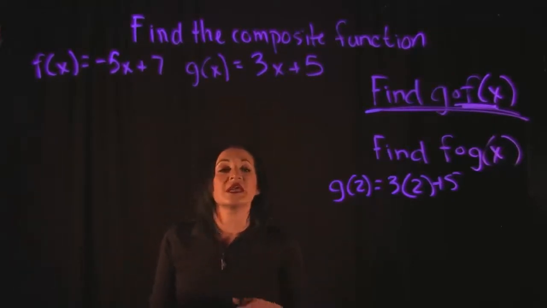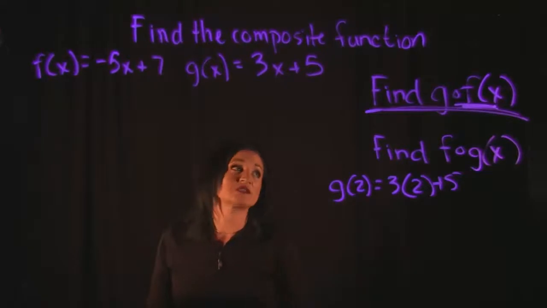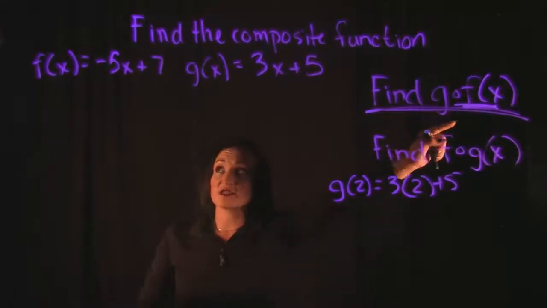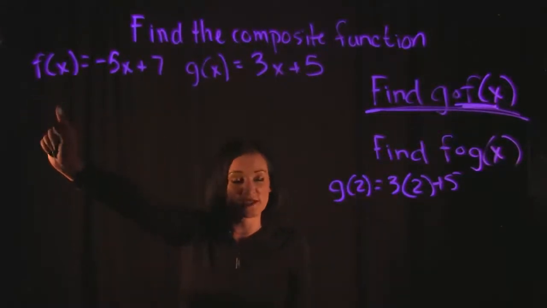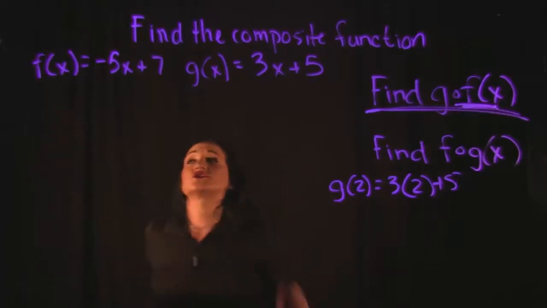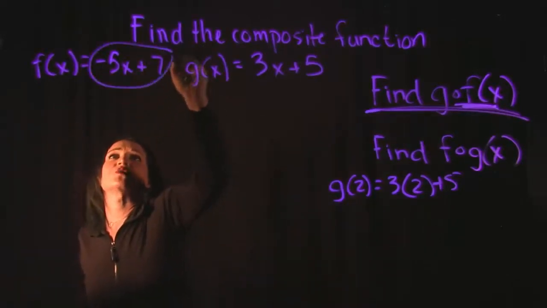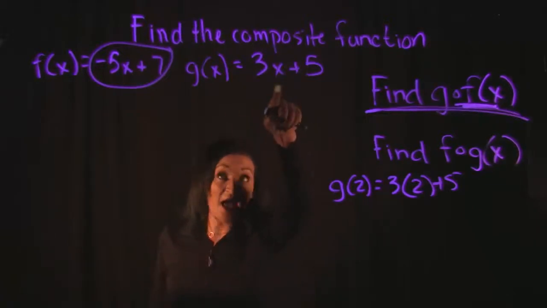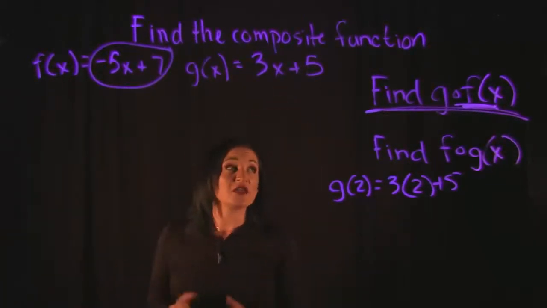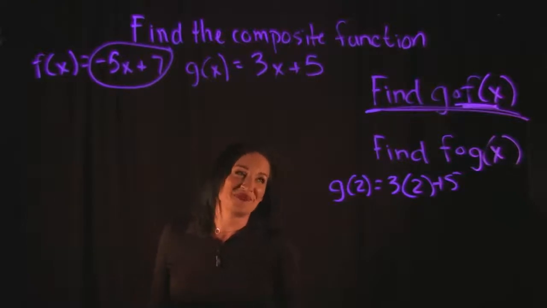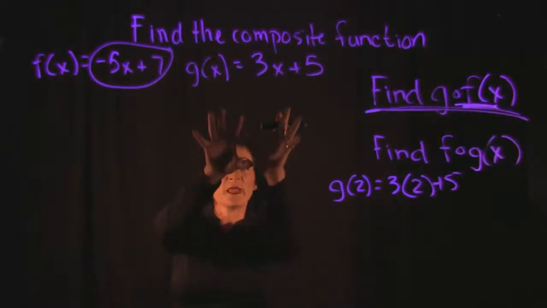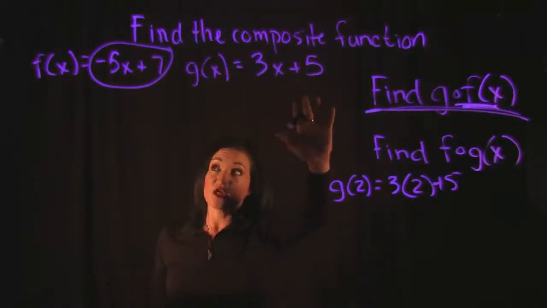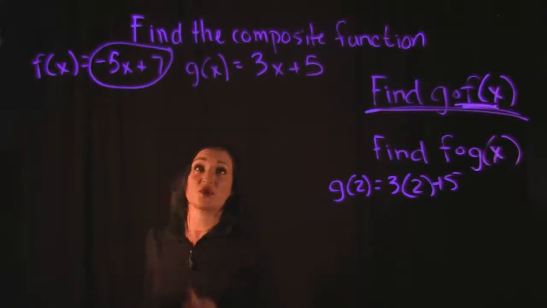Instead of plugging in a 2 for x, we're going to plug in f of x. Now, f of x is this entire equation right here. So f of x, which equals negative 5x plus 7, we're going to plug that in for x in g of x. That is what g of f of x means. Start with g, and anywhere you see an x, you want to plug in the f of x equation.